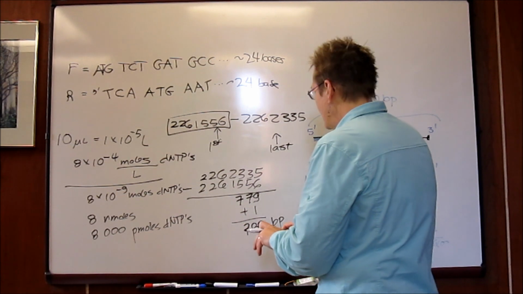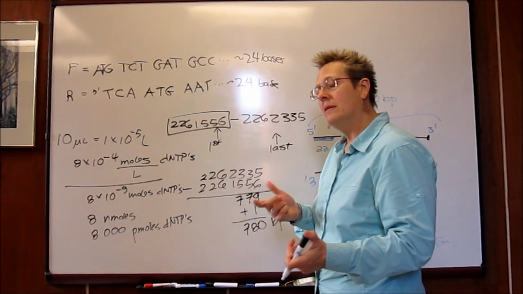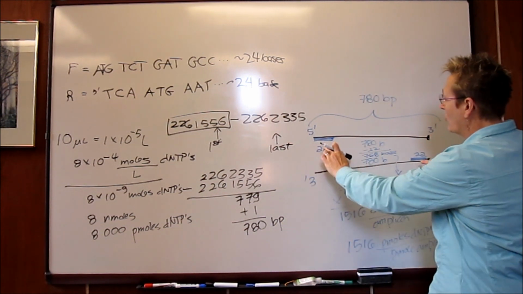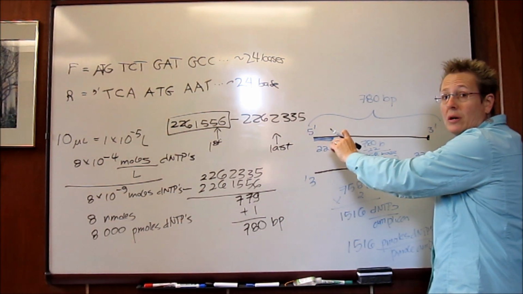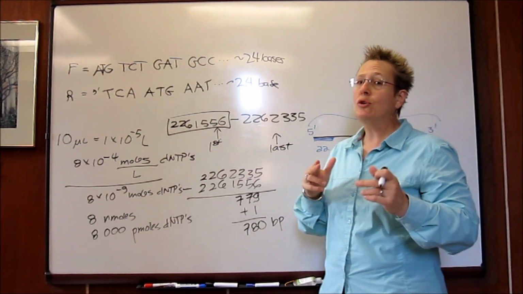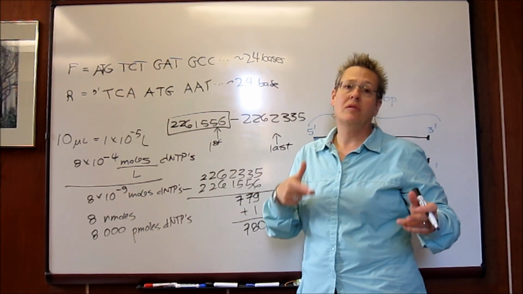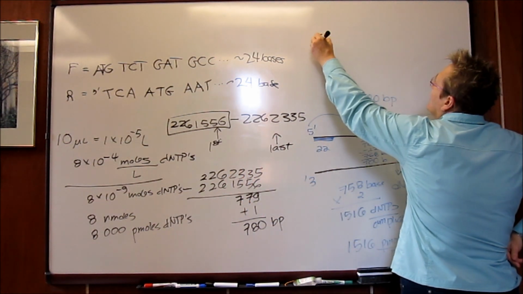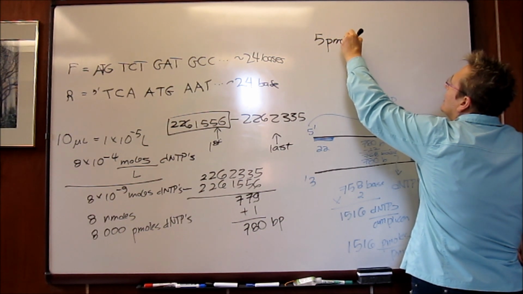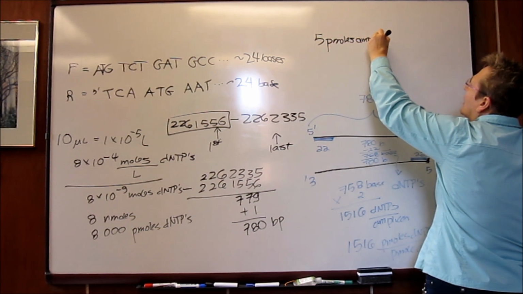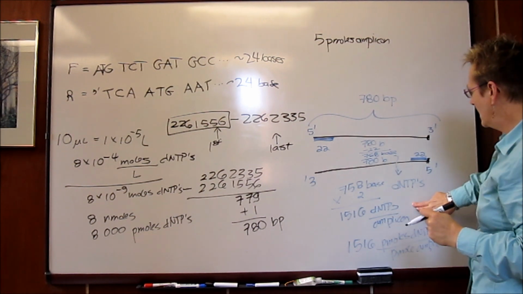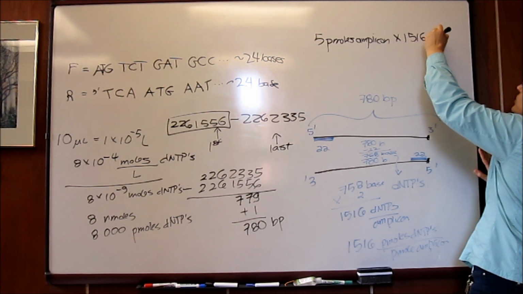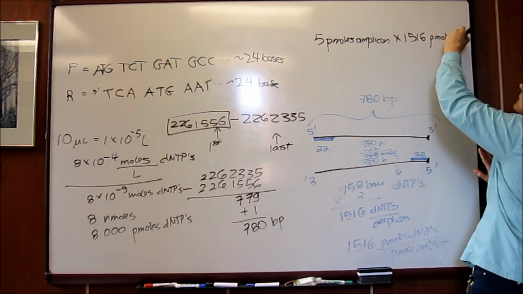So now the question becomes, I have 5 picomoles of primer pairs, and each amplicon needs a forward and a reverse primer, a pair. So the maximum number of amplicons I could make would be 5 picomoles, using up all the primers that are in the solution. If I made 5 picomoles of amplicon, I would need a certain number of dNTPs. I would need 1,516 picomoles dNTP per picomole that I made.